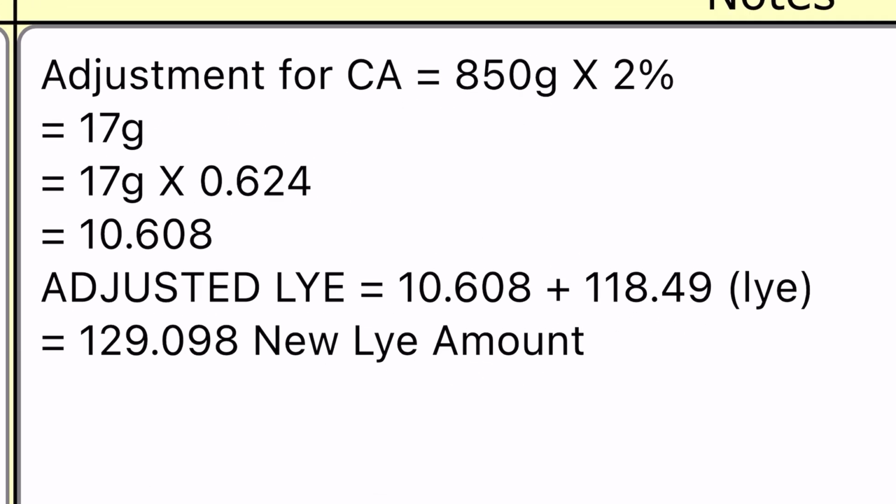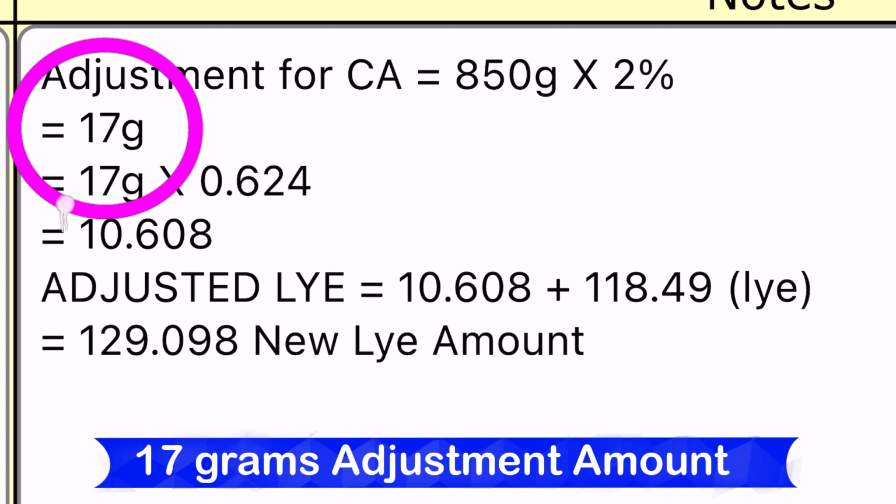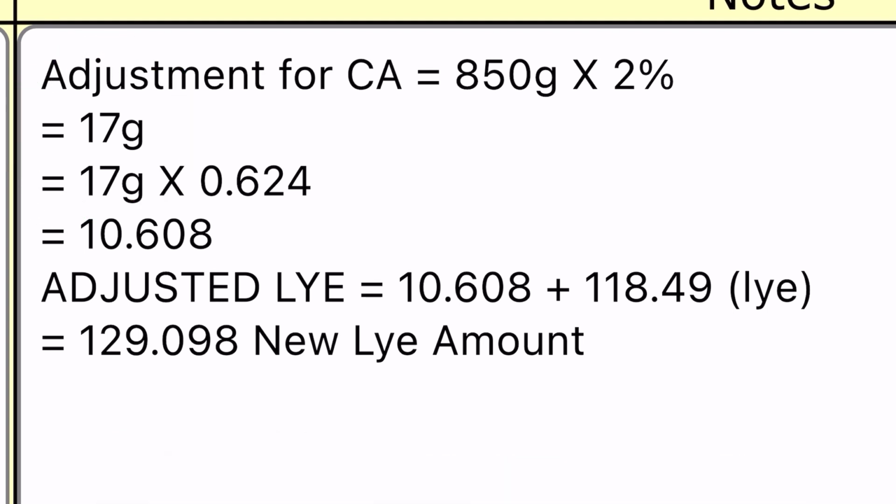So I'll repeat. The adjustment we have to make: we use 2% citric acid, so we multiply that by our oil, 850 grams. That gave us 15 grams of adjustment to play with. 15 grams times 0.624 is the adjustment we have to make.